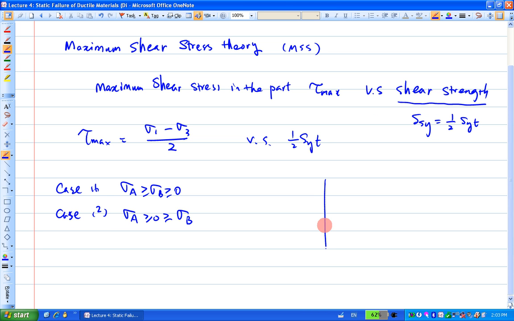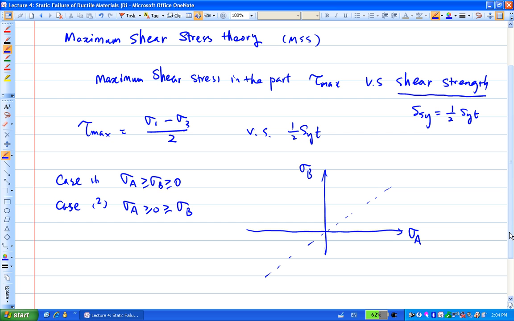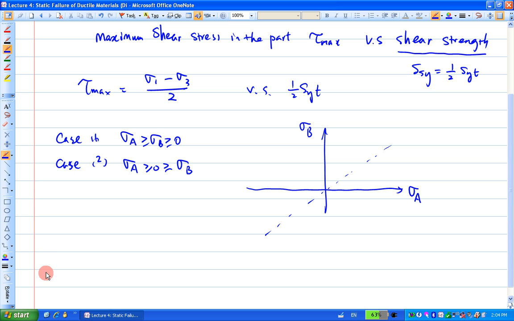For these two different cases, for the first case, when sigma A is greater than sigma B and greater than 0, we look at this coordinate system established by the sigma A and sigma B values. By the way, sigma A and sigma B are the two principal normal stresses based on the plane stress.